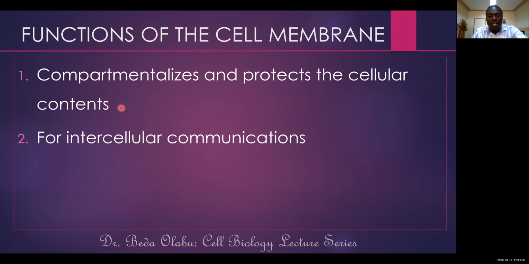The cell membrane is also important for intercellular communications. This is to mean, if two cells were to communicate within the body, that communication can be affected by the cell membrane, and especially the cell membrane of the recipient cell, the cell membrane of the target cell.